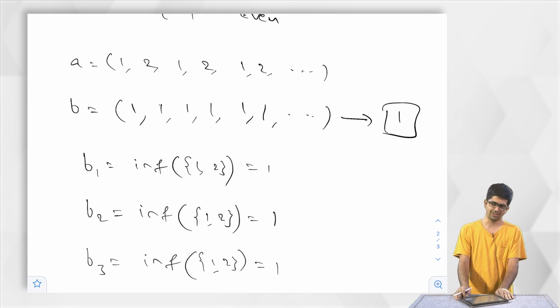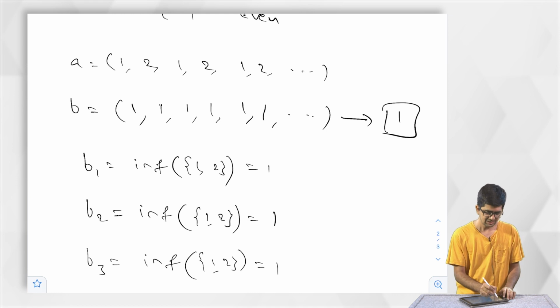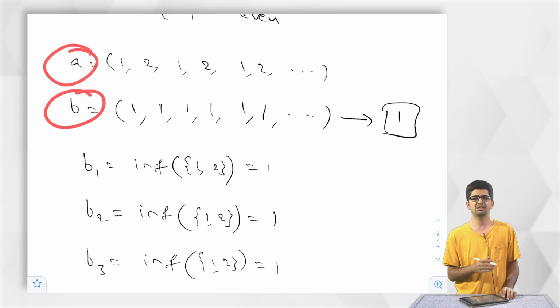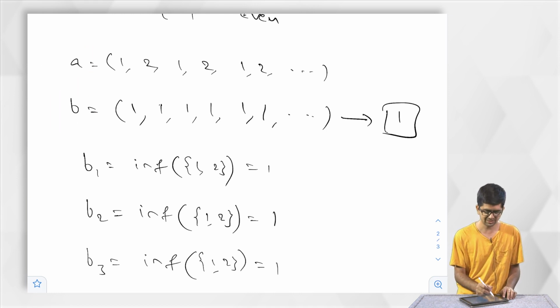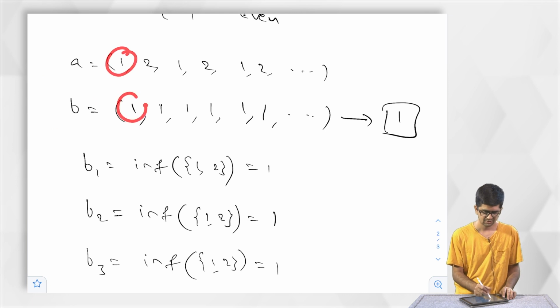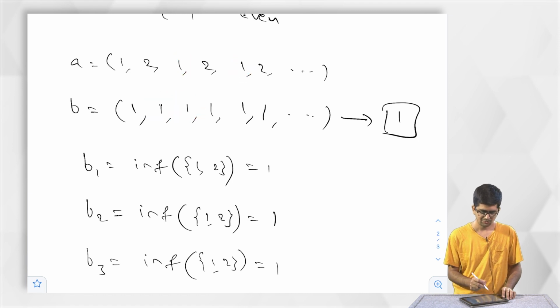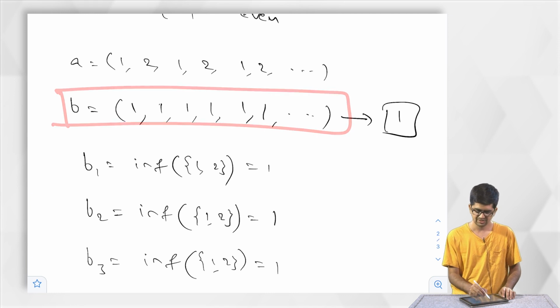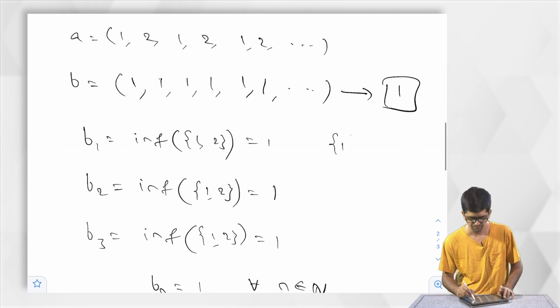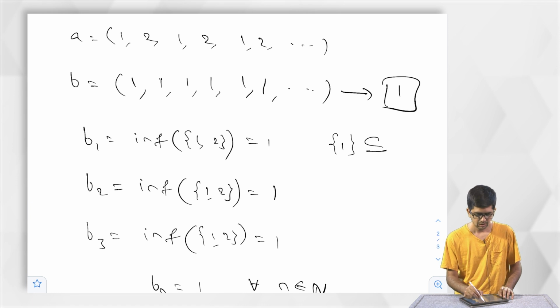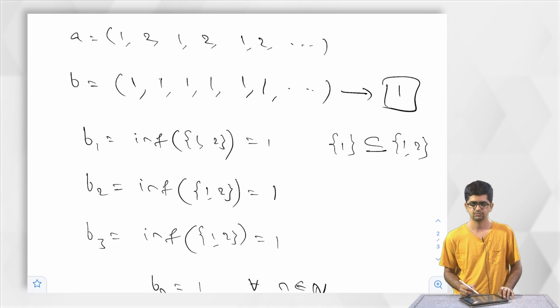One thing to notice is the following. If you observe, these 2 sequences have some elements in common. What is that? This one is common. So one should realize that the image of this sequence, which is just singleton 1, is contained in the image of this sequence, which is 1 comma 2.